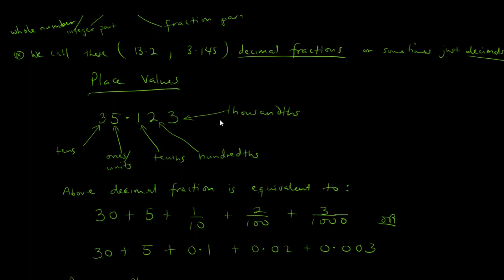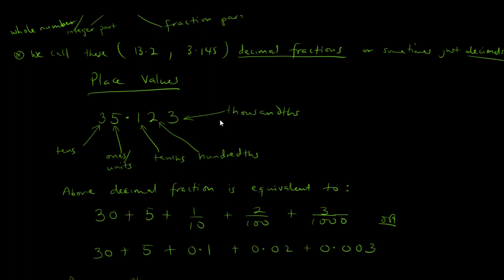All the digits in the tenths column can be written as the number divided by 10. And all the digits in the hundredths column could also be written by writing the digits over 100. And the digits in the thousandths column can also be written as the digit over 1,000.